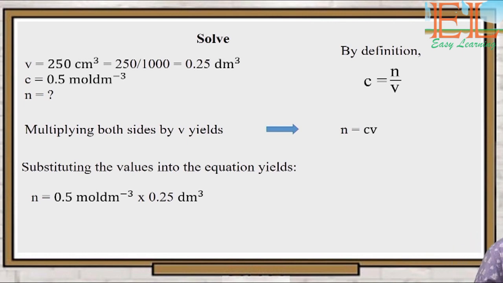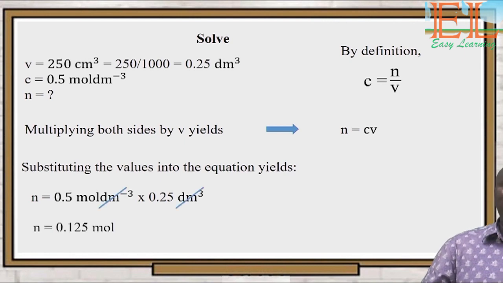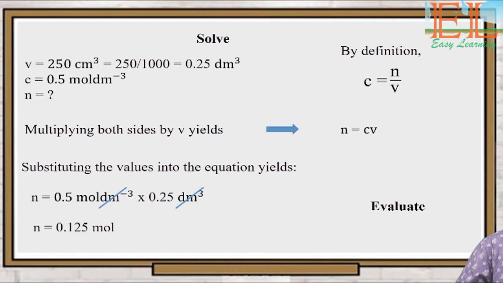You will see that we have per dm cube and dm cube in the expression, so they will cancel out, and our answer will be n is equal to 0.125 moles. So you go ahead and evaluate your answer as usual to check whether you have stated the correct unit of measurement.